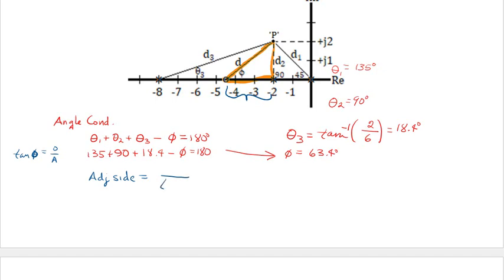So tangent of 63.4, and the opposite side, which would be this right here, is just plain old ordinary 2. So the adjacent side is actually equal to 1, it turns out.